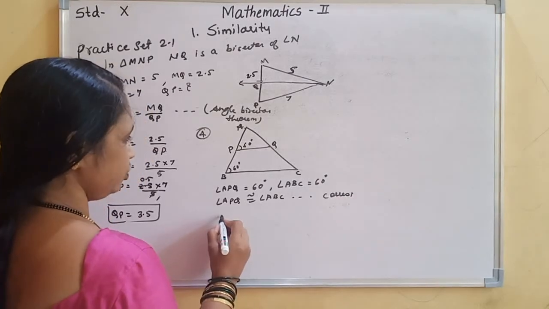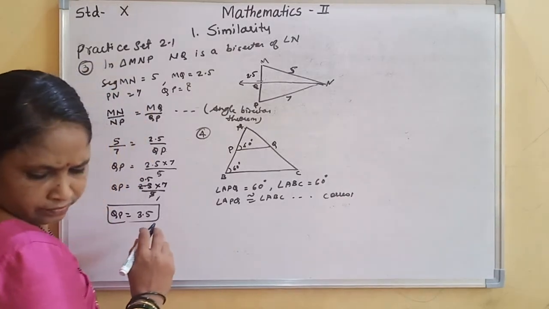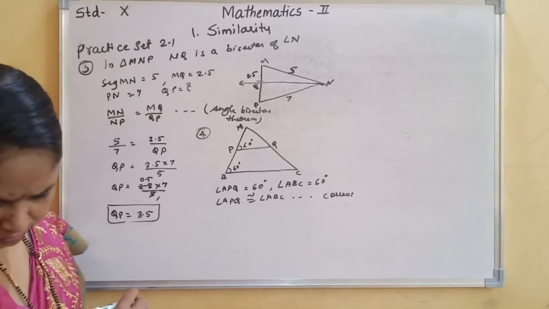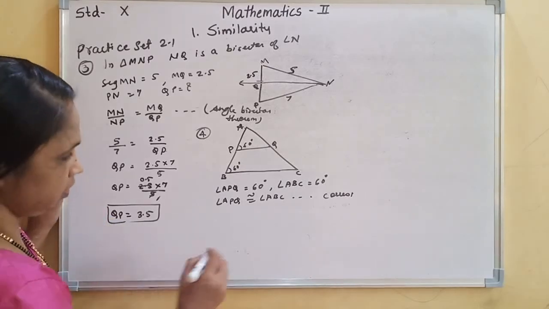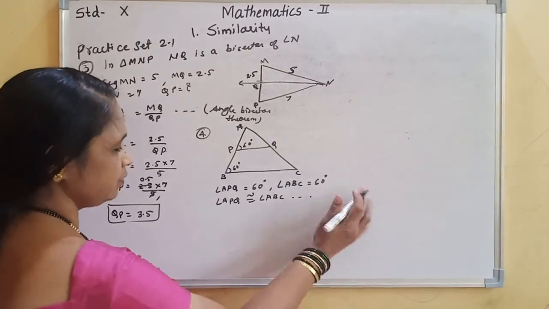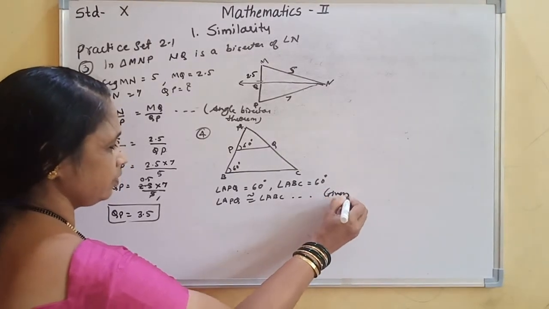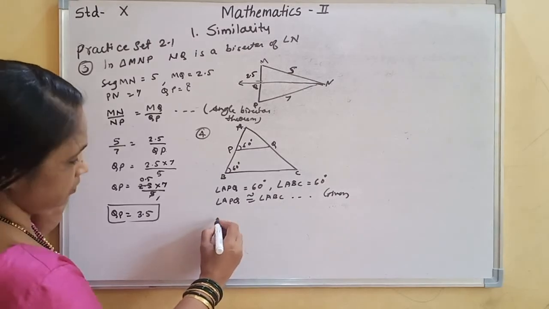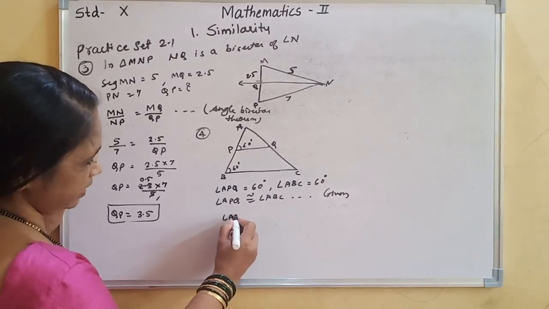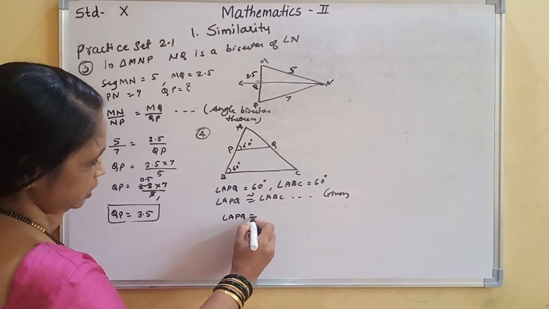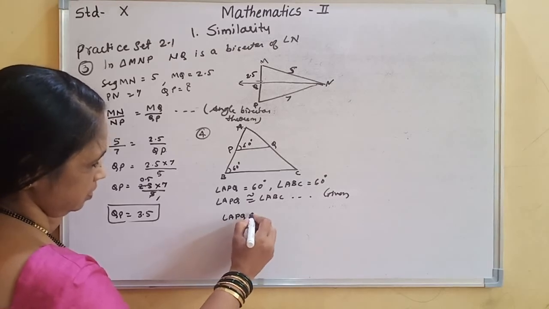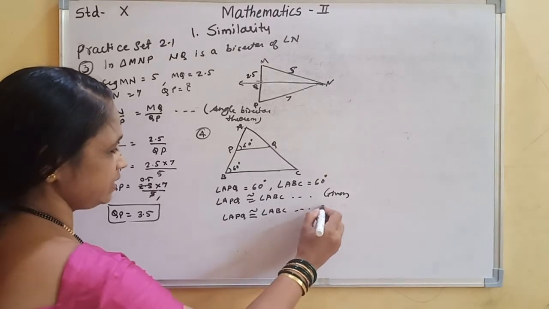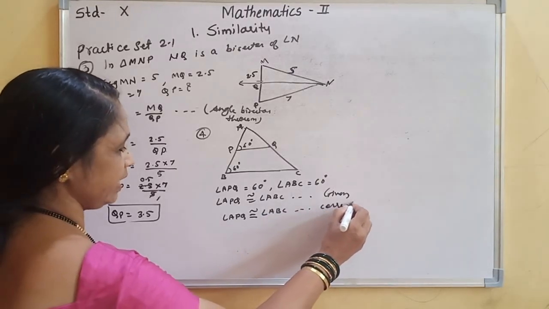Because it is given. So what we will write? Angle APQ is congruent to angle ABC, that is corresponding angles.